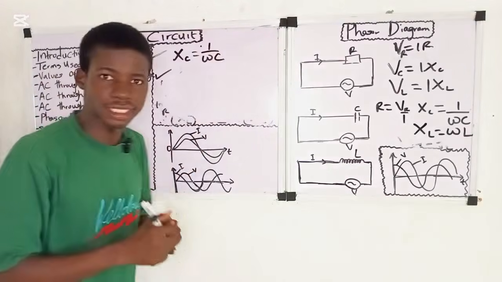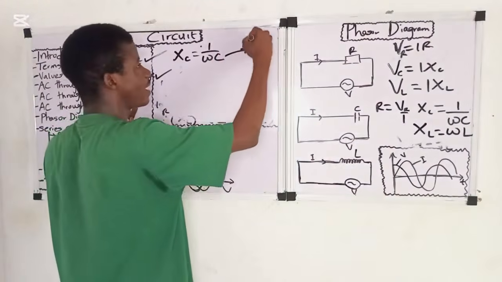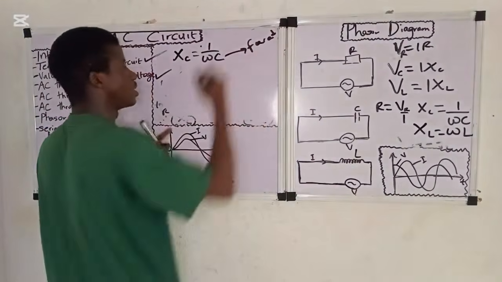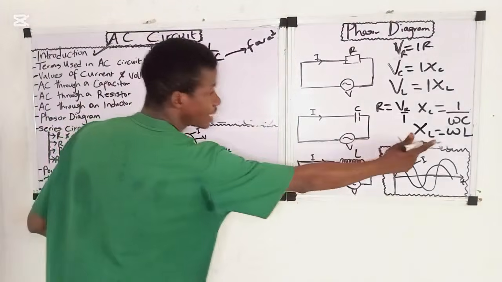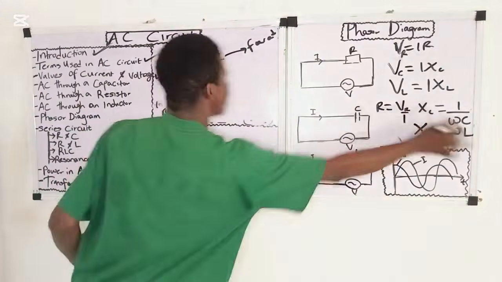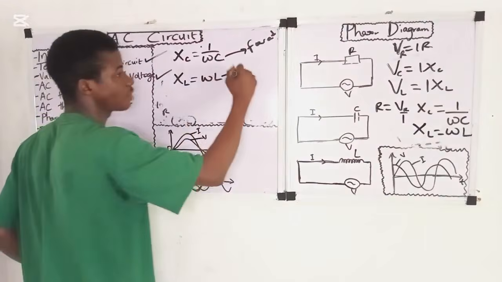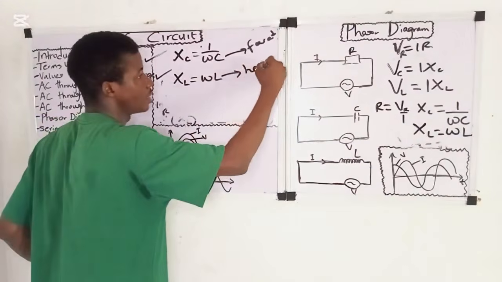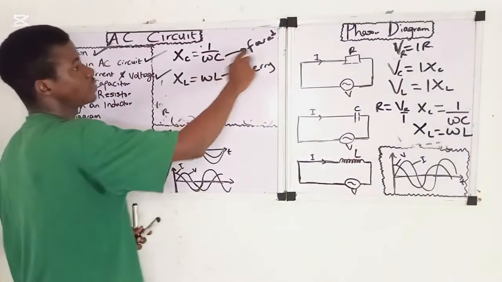Now you all know capacitance. The SI unit of capacitance is farad, right? Inductive reactance is equal to omega times inductance, and the SI unit of inductance is henry, whereas the SI unit of capacitance is farad.